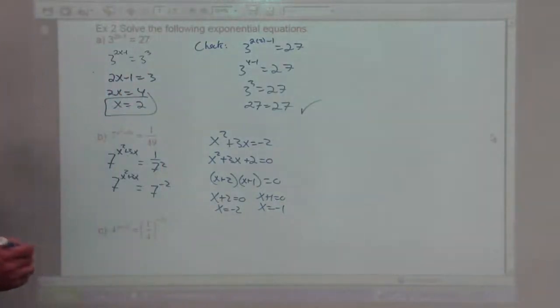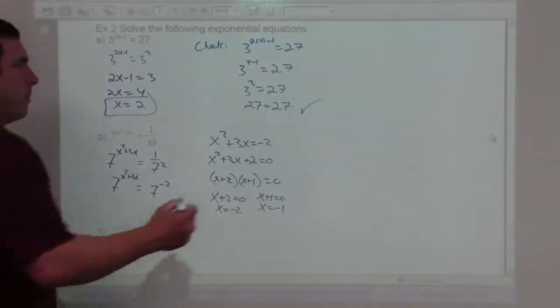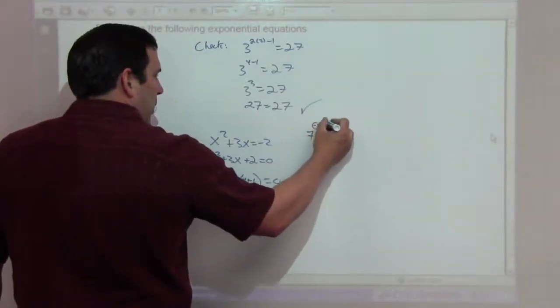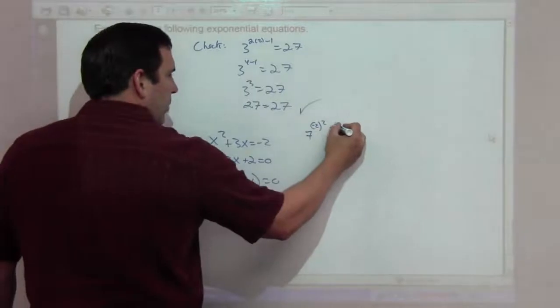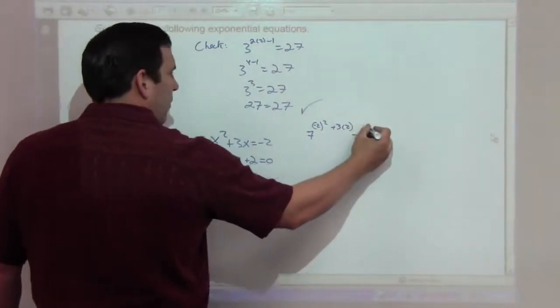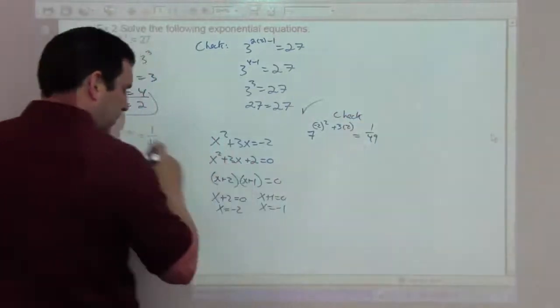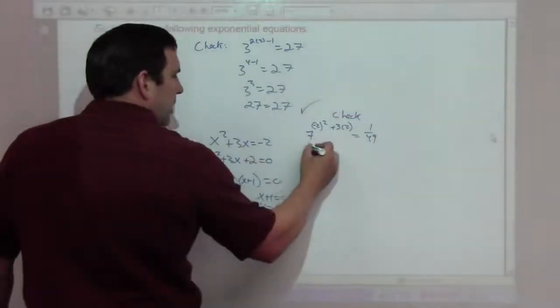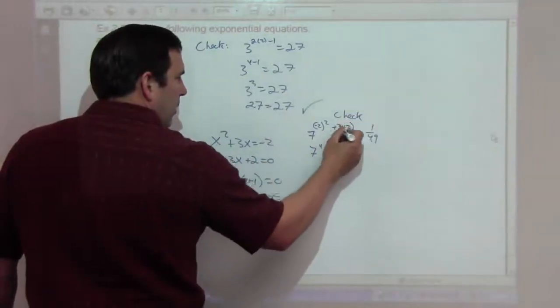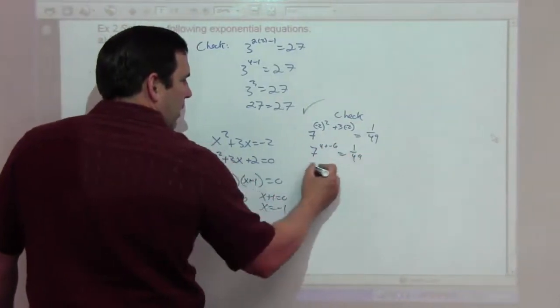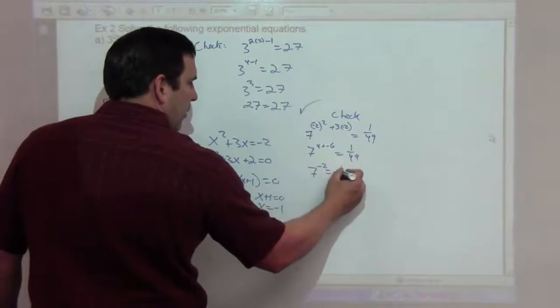Now let's check those answers. Are they going to work? 7 to the negative 2 squared plus 3 times negative 2, is that going to be equal to 1 over 49? That's 7 to the 4th plus negative 6, is that 1 over 49? That's 7 to the negative 2, is that 1 over 49?